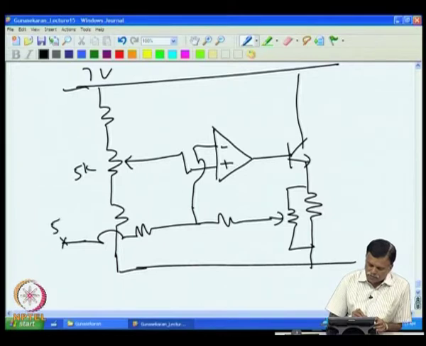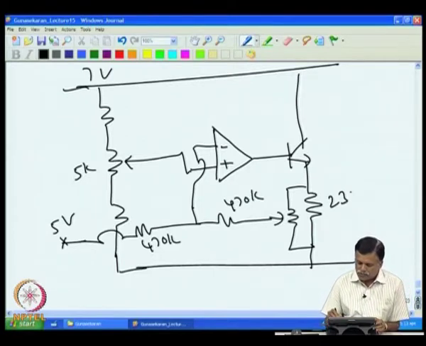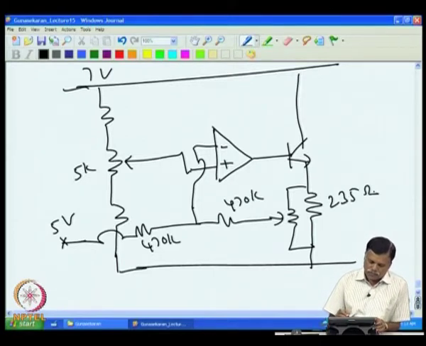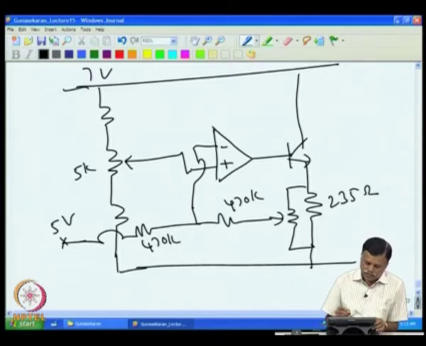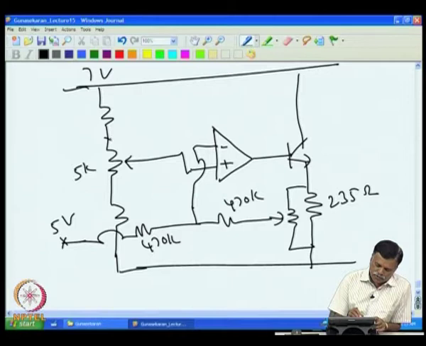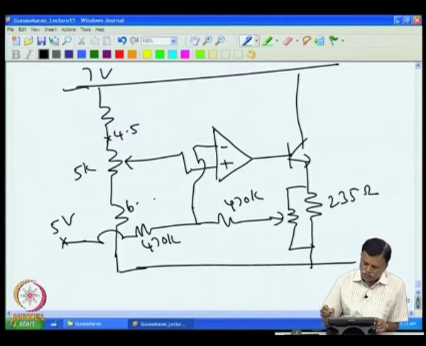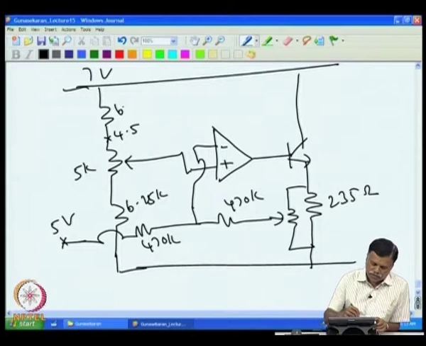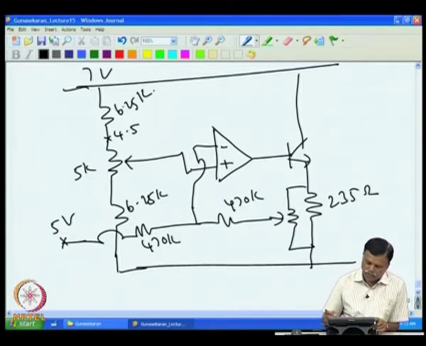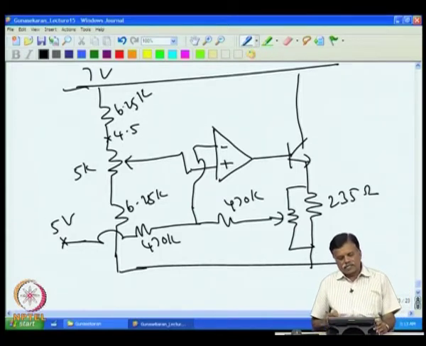This is given to 5 volt, this is 470K, 470K, this is 235 ohms. Then we had taken this voltage as 4.5, this was taken as 6.25K, this also was taken as 6.25K.